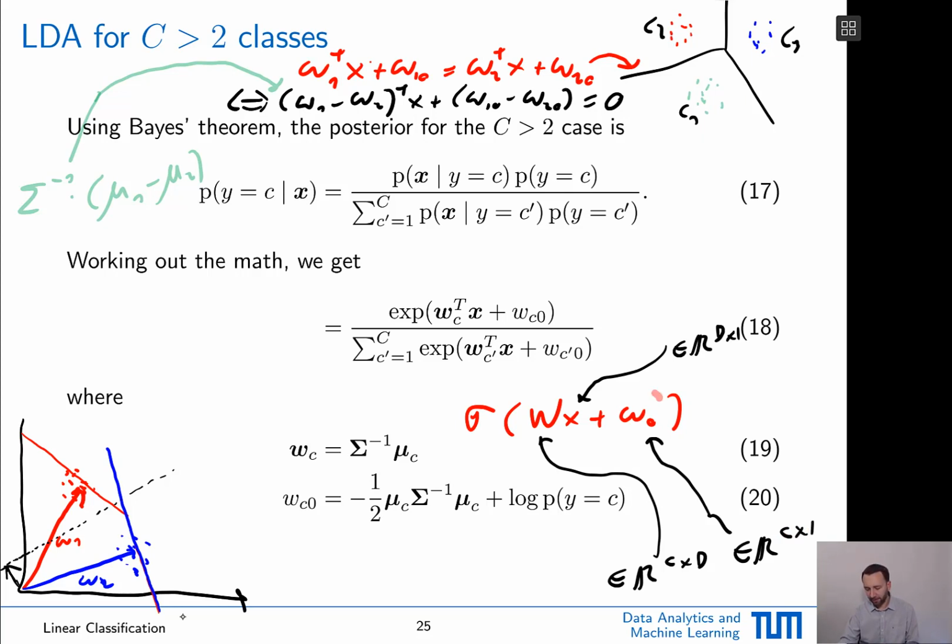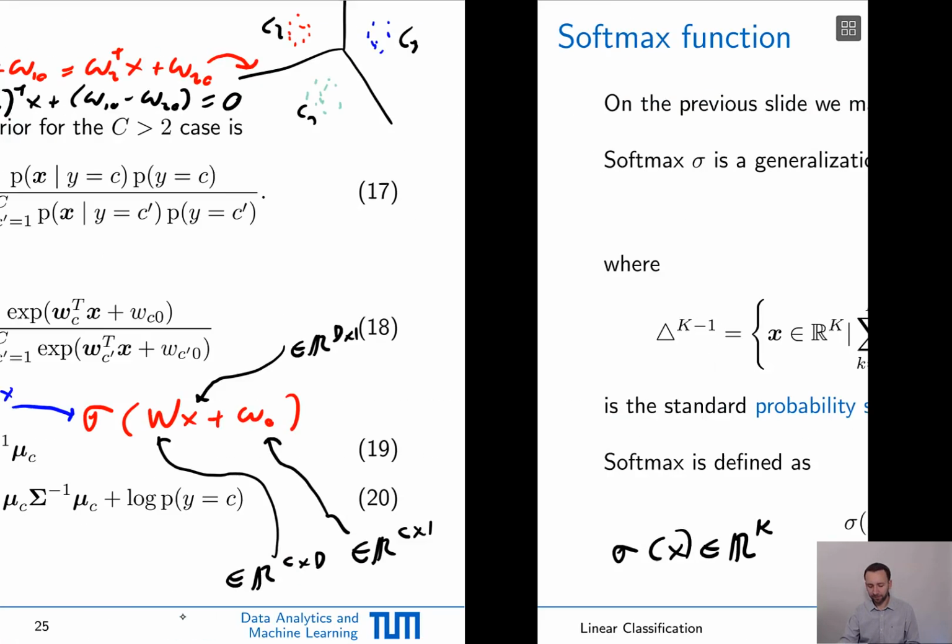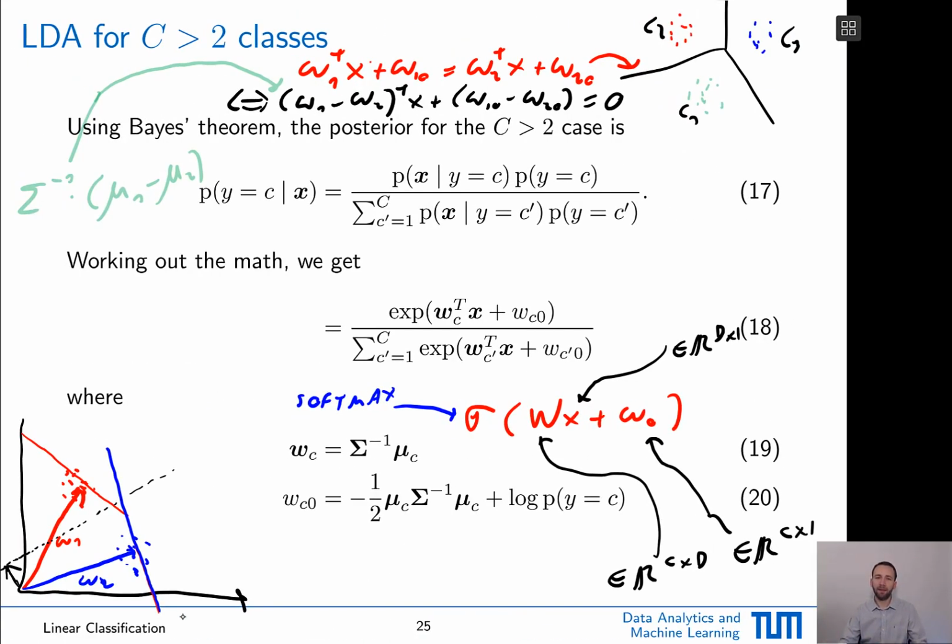So what we are getting out is a C-dimensional vector, and this is what we then plug into the softmax. This is the softmax function. The C-dimensional vector gets, as we have defined here, transformed to another C-dimensional vector, which we can interpret as a probability distribution. It indicates the likelihood for every class.